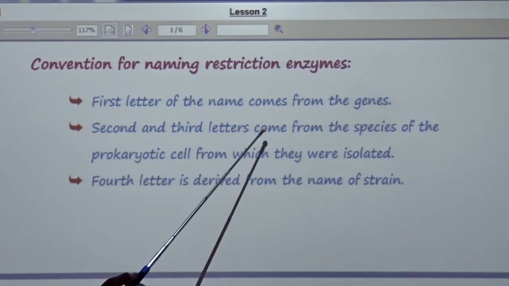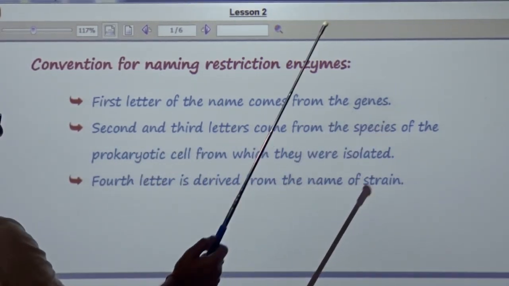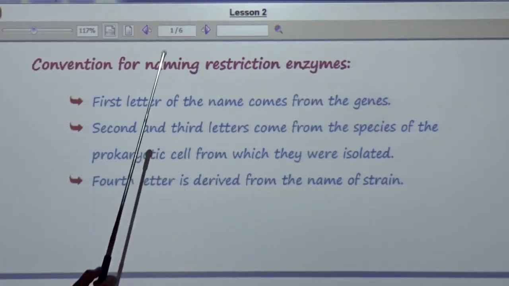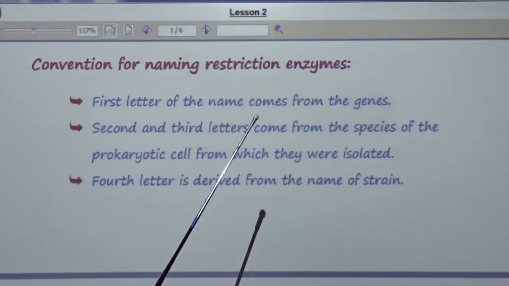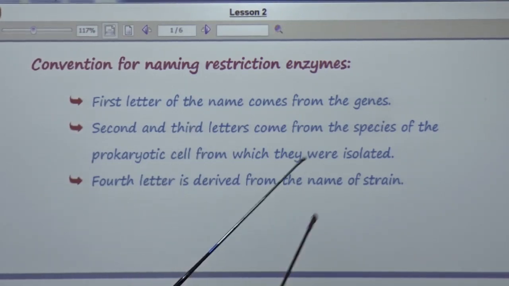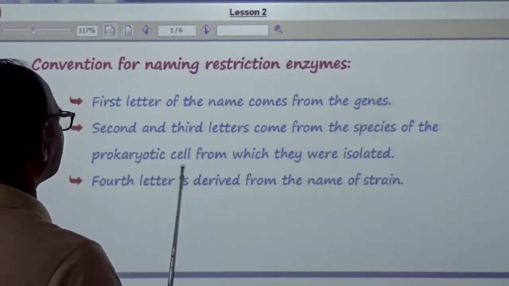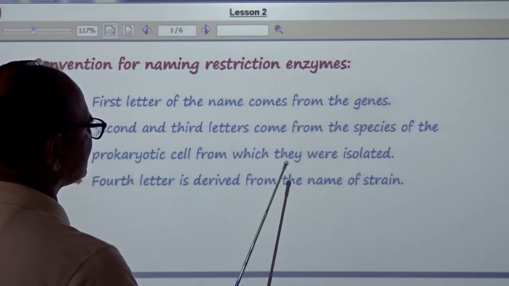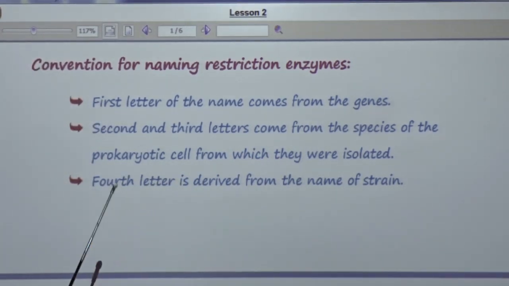The second and third letters come from the species, Co, that is coli, Escherichia coli, the prokaryotic cell from which they were isolated.